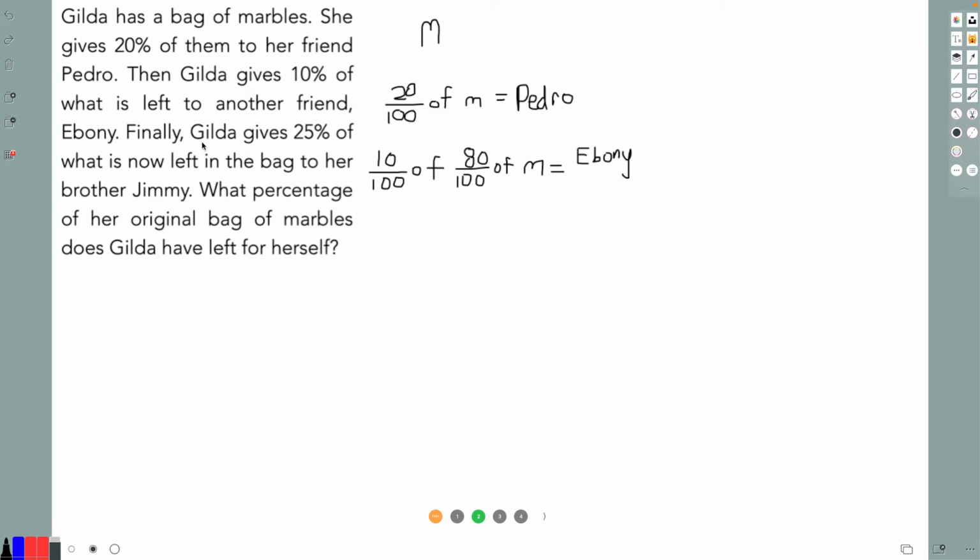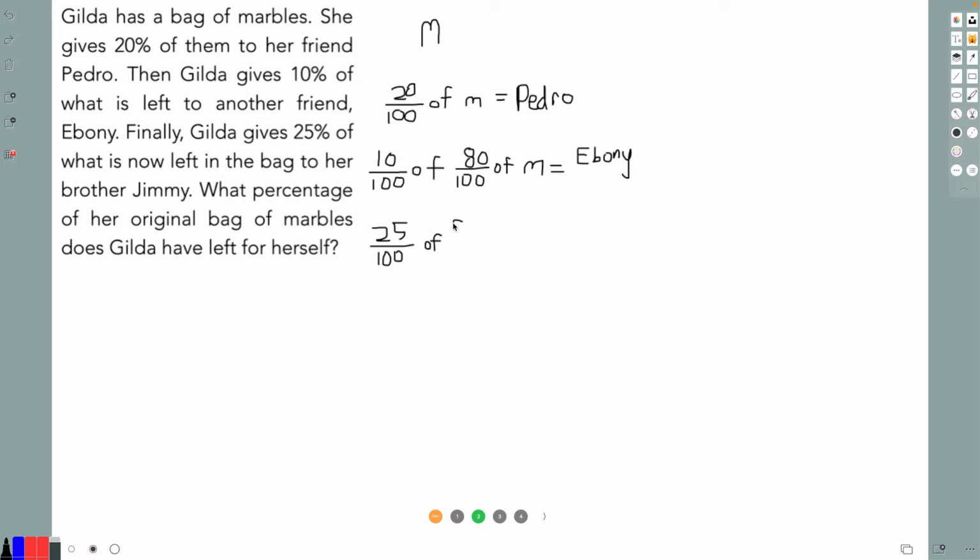And then finally, Gilda gives 25% of what is now left in the bag to her brother Jimmy. So we can write 25% of what is left in the bag after she gave 10% of 80% of M to Ebony.